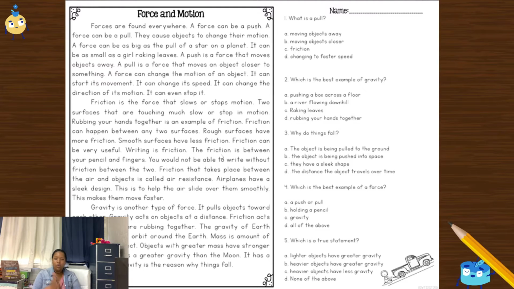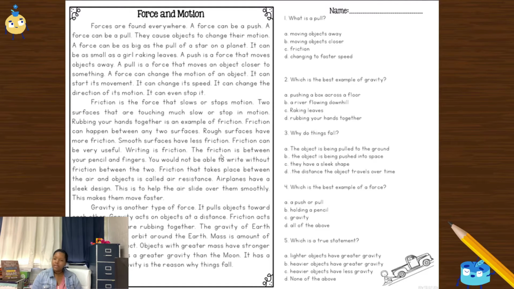Well, when I rub my hands together, I know that they're touching, and that's a contact force, so it can't be D. Raking leaves, I have to use the rake to pull the leaves closer, so again, I'm making contact. A river flowing downhill, well, nothing is necessarily making contact with the river, it's just flowing.